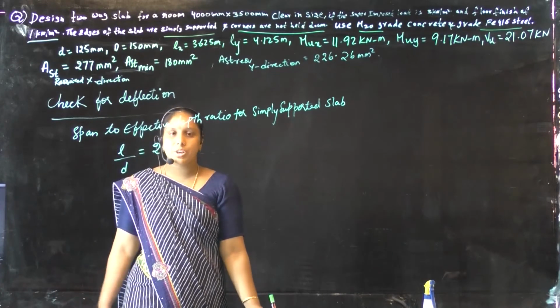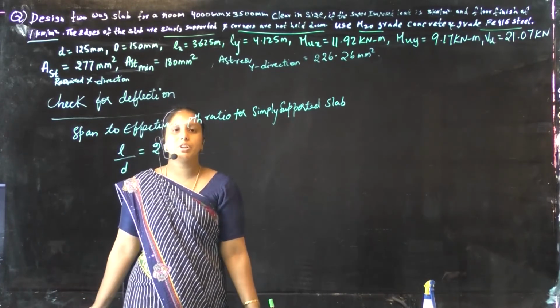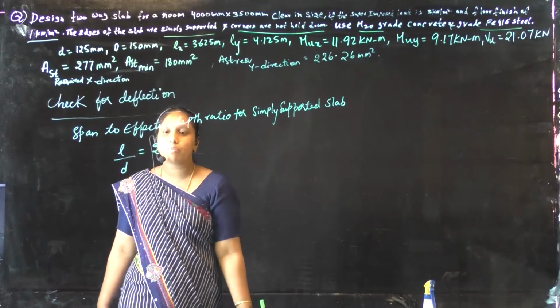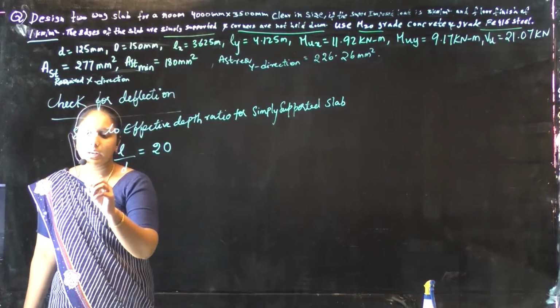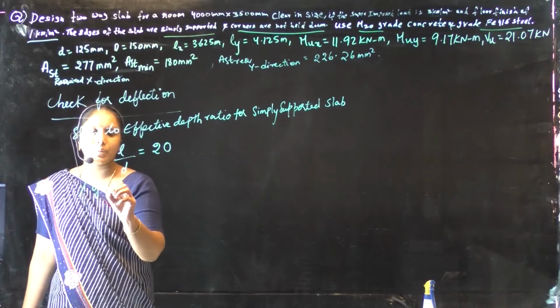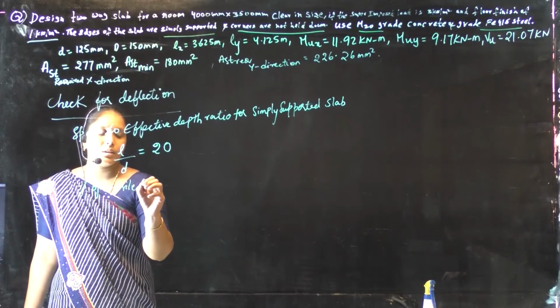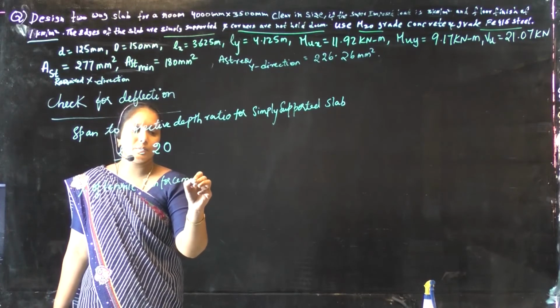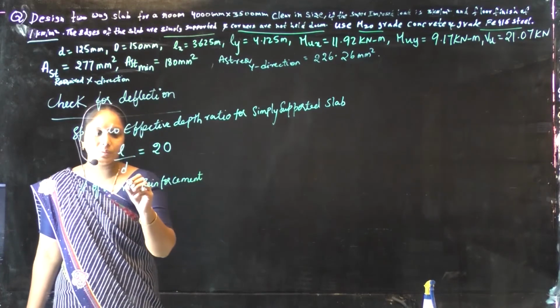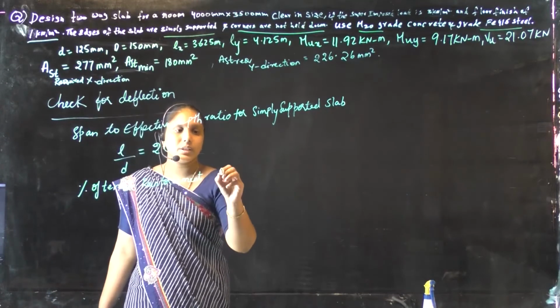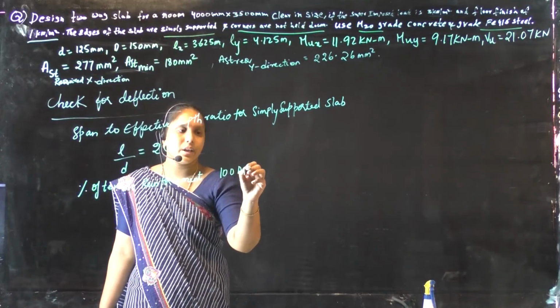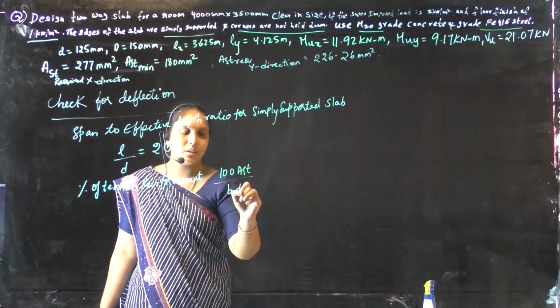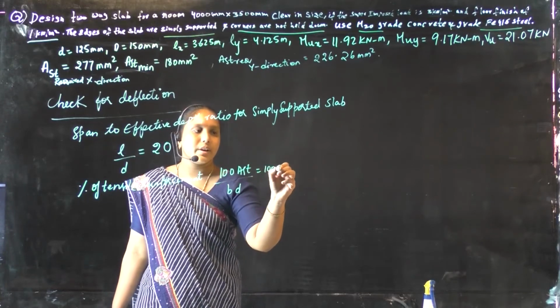Now what we have to check is the deflection. This check for deflection was also done previously. Next, we have to calculate the percentage of tensile reinforcement. It is 100 Ast by BD. So it is 100 into Ast.